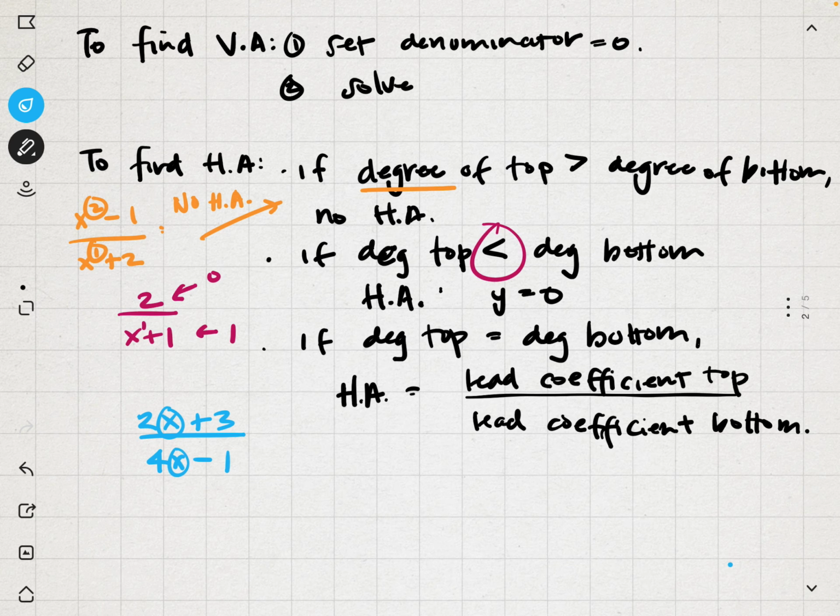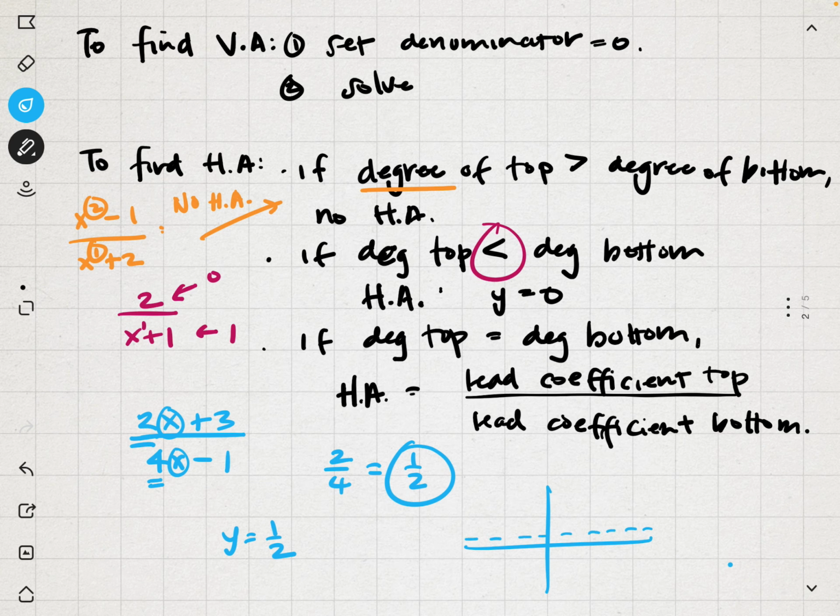All we do is take the lead coefficient, so that means whatever our number is with our x, or with the highest degree term, in this case we have 2 and 4, then we just take the 2 over 4 and reduce it, so we get 1/2. So y equals 1/2 would be our horizontal asymptote, meaning that we'd have a horizontal line passing through 1/2 for our y, and then our graph would approach that on both sides.